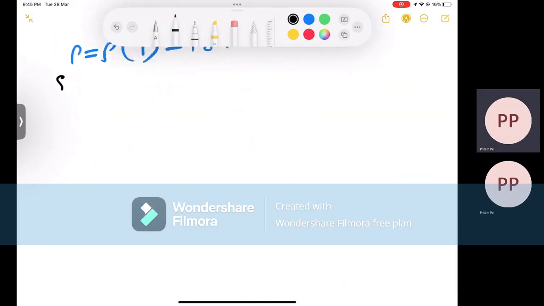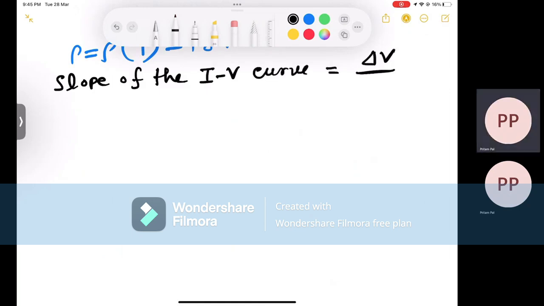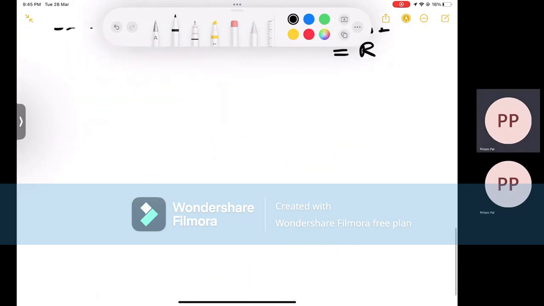The slope of the IV curve is del V over del I, which is basically the resistance. That is why it's called linear, right?